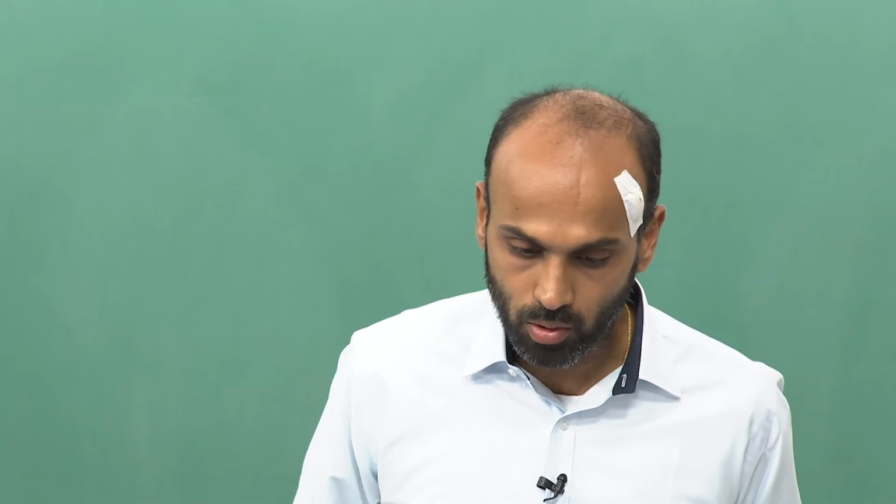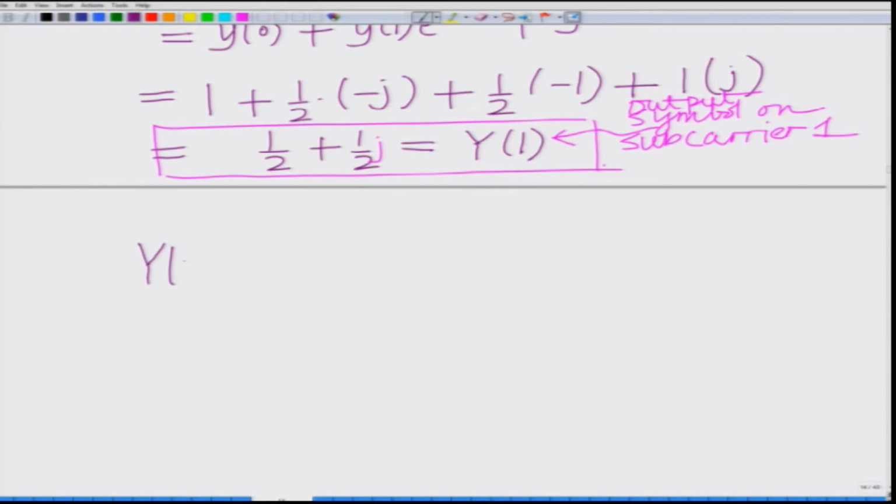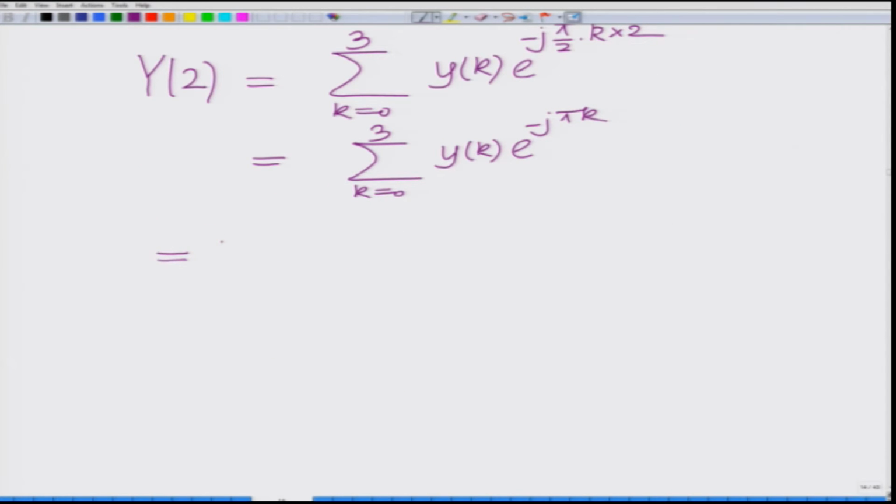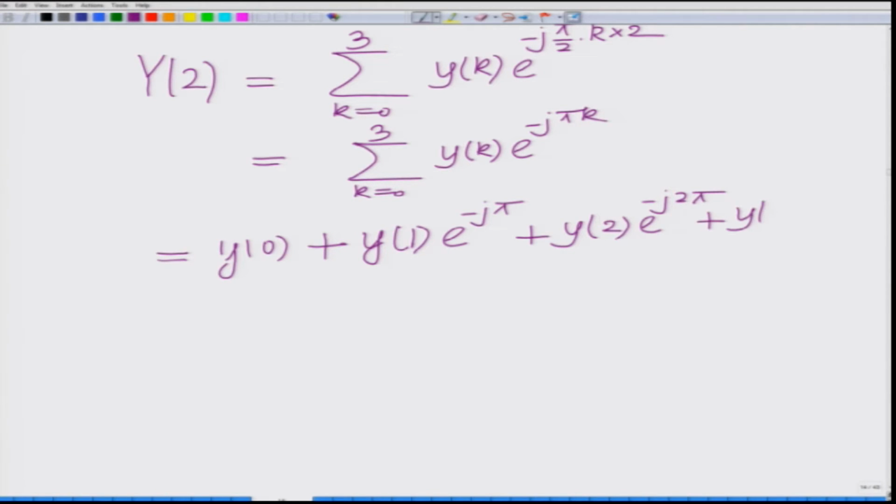Now, Y2 is given as summation k equal to 0 to 3 of yk e to the power of minus j pi by 2 k into 2, which is summation k equal to 0 to 3 of yk e to the power of minus j pi k, which is equal to y0 plus y1 e to the power of minus j pi plus y2 e to the power of minus j 2 pi plus y3 e to the power of minus j 3 pi.